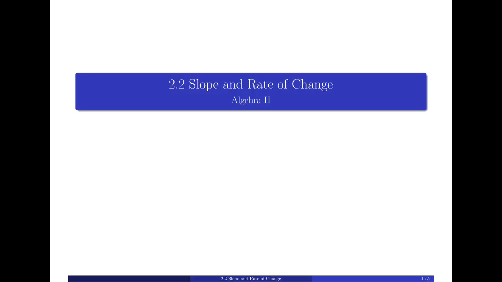I guess the difference between slope and rate of change is that a rate of change is what you could call a slope if it's comparing two different units. So like if you have a change in distance over a change in time, that's a rate of change because it's two different units.